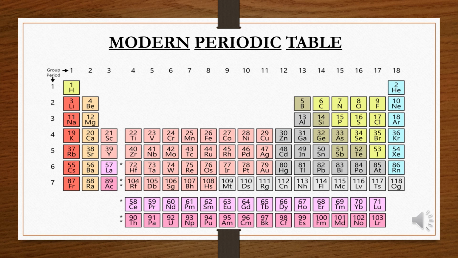Period 4 started with potassium and ended with krypton. Period 5 started with rubidium and ended with xenon. Sixth period started with cesium and ended with radon, and so on. And at the bottom you can see the lanthanide and actinide series.